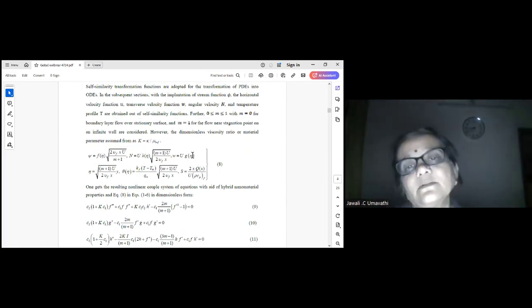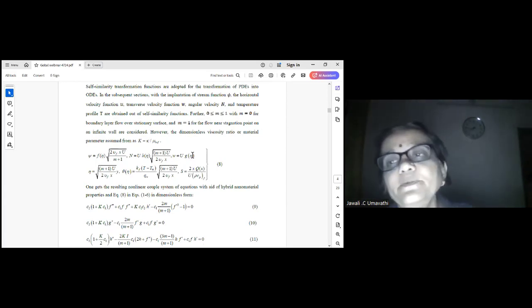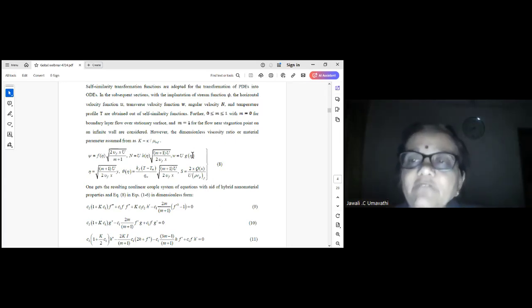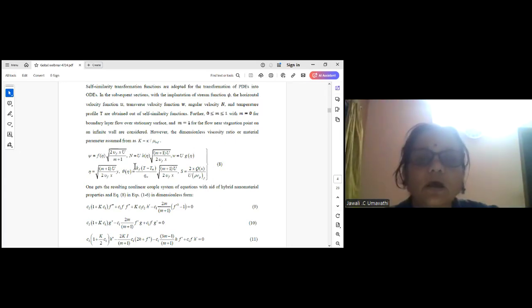How we do this transformation is again the expertise of the researcher. You have to keep one thing in mind: whenever we do any transformation, it should lead to no zeros and poles. That is very important. When we do the transformation, your domain of field should not have zeros and poles. It should be analytic. The whole domain should be analytic. That care one should take.